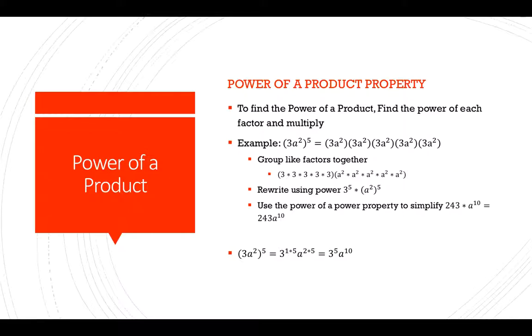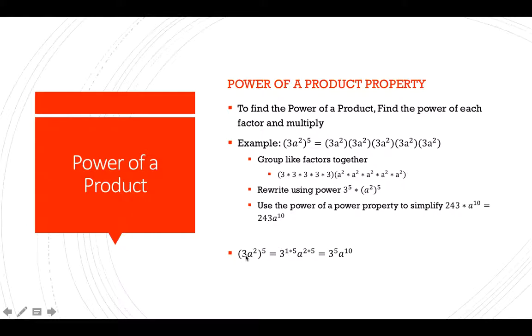Because if we're talking about distributive property, we know that if there was a number on the outside of the parentheses, we would multiply that back into the expression, and everything inside the parentheses would be multiplied by the coefficient on the outside. Here, what we're thinking is that we have the exponent on the outside, and it's going to be multiplied to all the expressions, or all the variables and coefficients inside the expression.